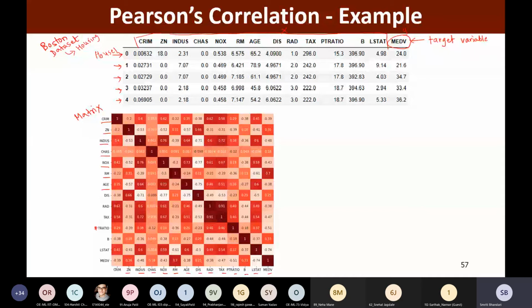So overall, including this target variable, we have 14 features, so I have this matrix of size 14 by 14.